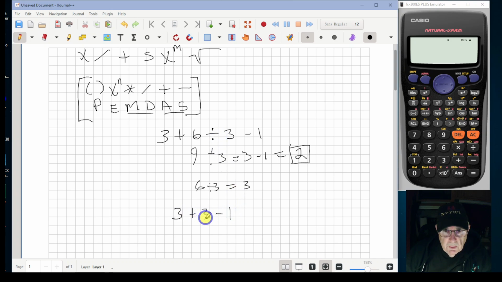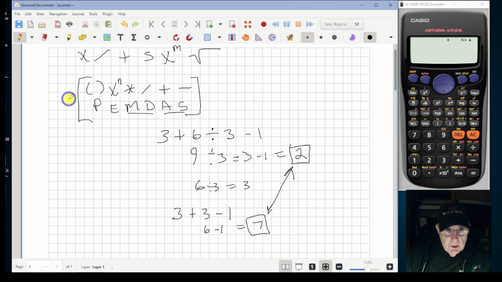So 3 plus 3 is 6, minus 1 gives me 7. There's a big difference between 2 and 7. Doing the order of operations is the method that you need to do it in, and that's going to be expected in any branch, field, or whatever on the planet that is doing any kind of mathematics.